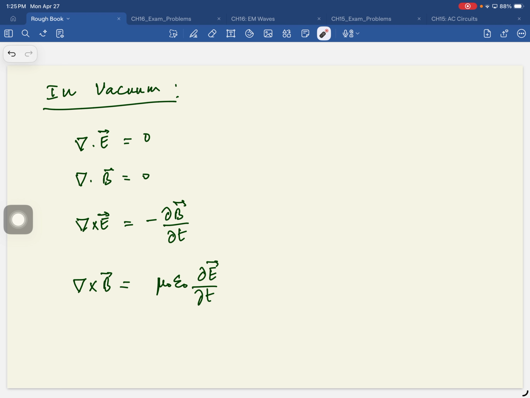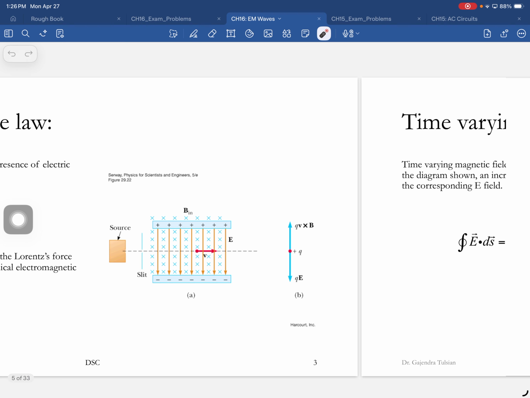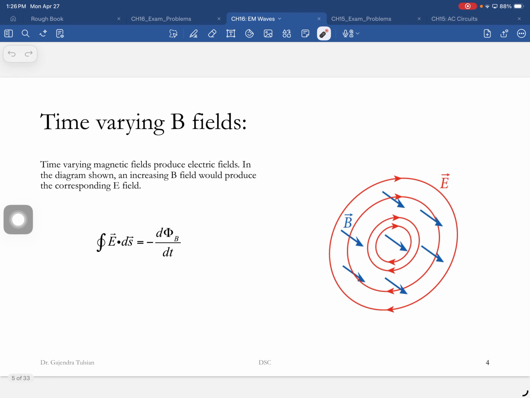Curl of a vector is a vector, and curl of that vector is a vector. So on the left-hand side, you have a vector. So what you need is vectors on the right-hand side. Divergence of a vector is a scalar, and gradient of a scalar is a vector. So this is a vector, and the Laplacian of a vector is a vector field.